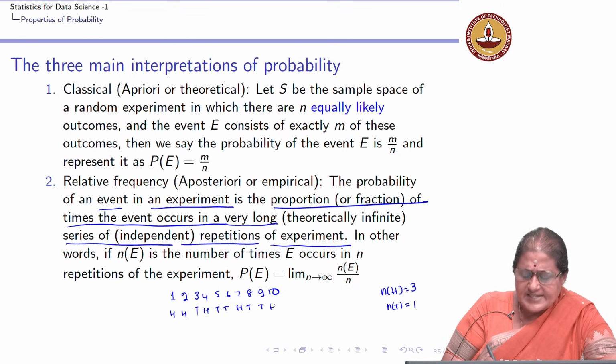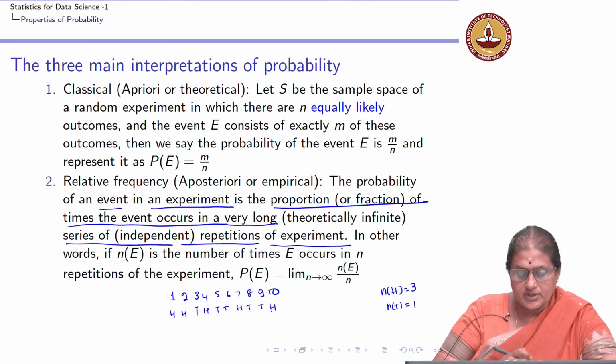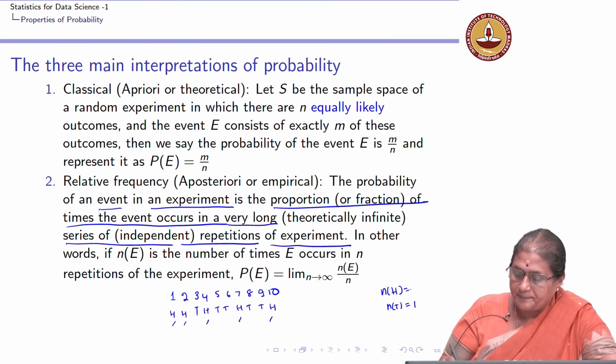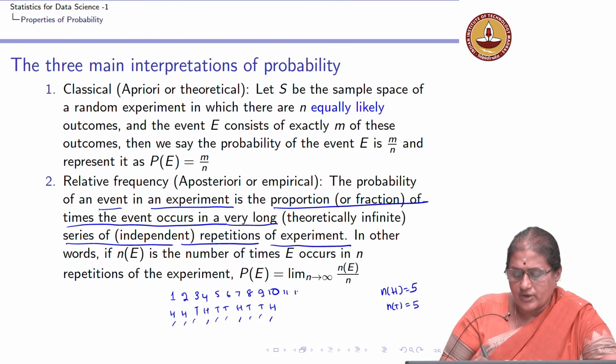Now, this can easily be replicated by any one of us. We can take a coin and keep tossing the coin. Here, in 10 tosses I find 1, 2, 3, 4, 5 heads and 1, 2, 3, 4, 5 tails. I repeat this experiment, going on to 11, 12, up to 20.